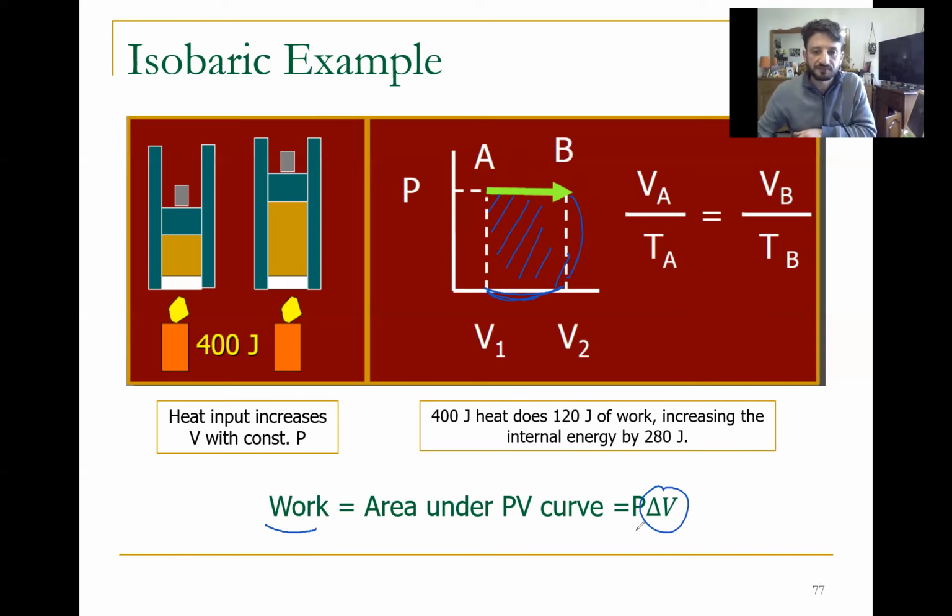P times delta V. What about the sign of omega? If delta V is positive, we increase the volume, omega must be positive. If we decrease the volume, delta V is negative, so omega must be negative. You have to know all these points to be sure of the answer. If you have a good answer, for example, if the volume increases, omega must be positive. If you have a negative value of omega, you have a mistake.